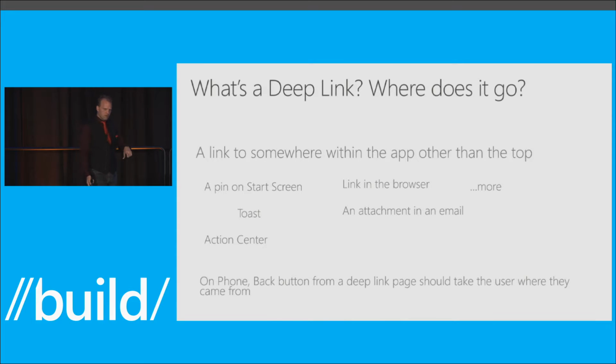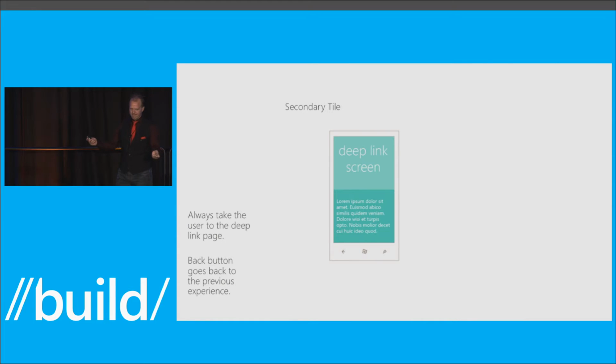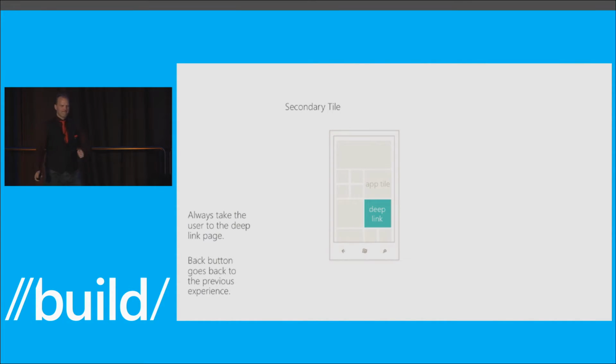On phone, coming from such a deep link, the user would expect that when they press the back button, they go back to where they were. So someone presses a secondary tile, goes to your deep link screen, presses the back button, and returns to the start screen.